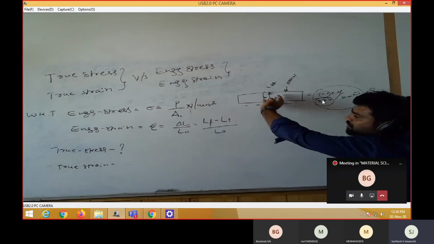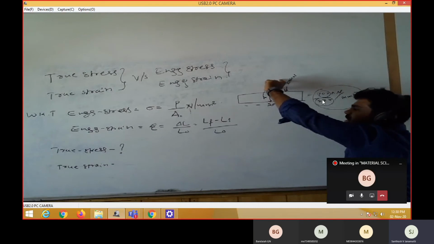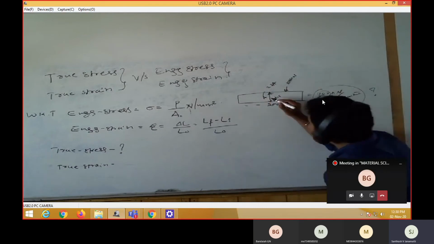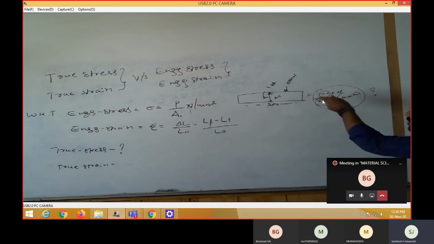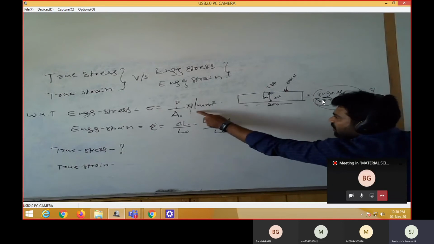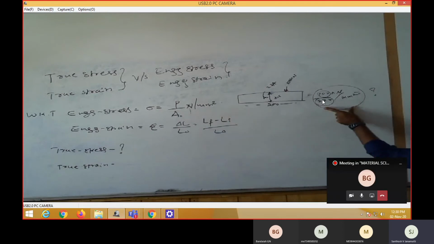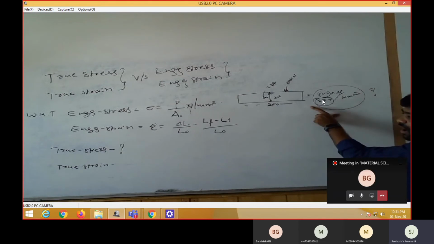Converting this 15 diameter into the cross-sectional area, it is 224. So I am taking applied load divided by original area. Simplifying with the stress formula, I get some value in kilonewton per mm square. This is the engineering stress.